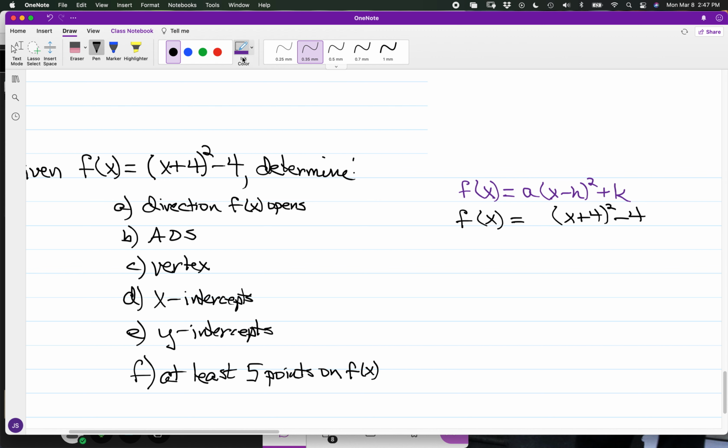We don't have anything explicitly in front of the parentheses, so a is equal to 1.